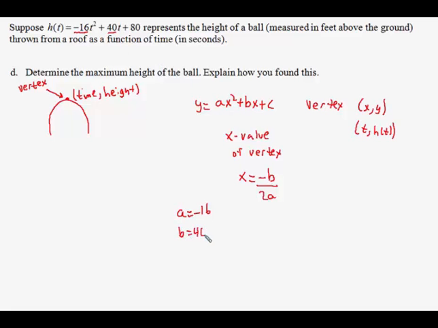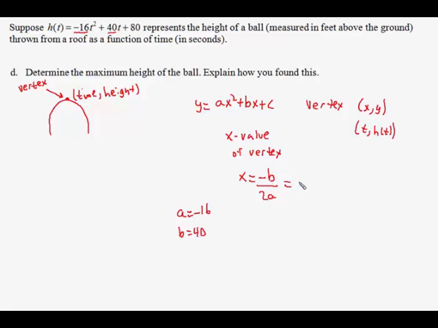So this would give me just the x value of the vertex, or if you want, the t value, which would represent the time at which we get the maximum height of the ball, which isn't the question, but it's one step in that direction. So where I have x here being negative b over 2a, I would be taking the opposite of b. b is 40.